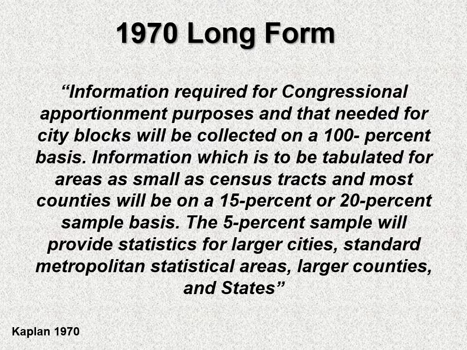The 5% sample will provide statistics for larger cities, standard metropolitan statistical areas, larger counties, and states. So here we have a situation where some of the information in the census, 100%, is used for one purpose, or the sampling is used for other purposes.